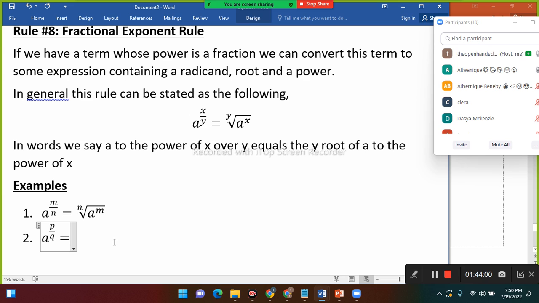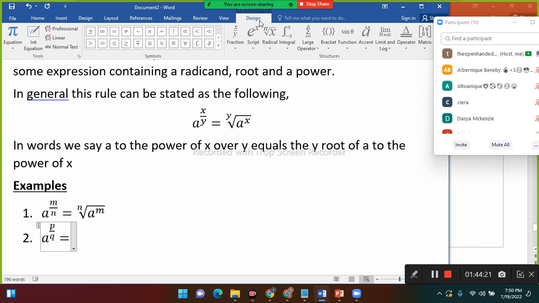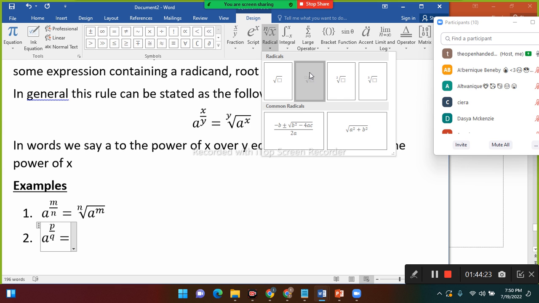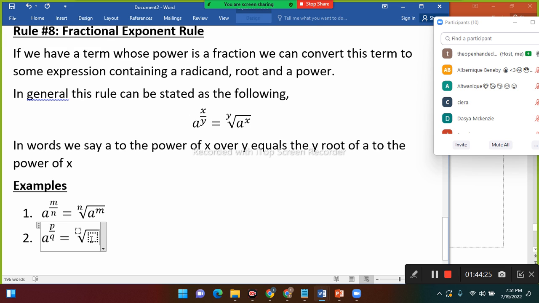So I put the line. Which line? The line right there. You mean this? Yes, sir. Okay, we call it the radical. So she said to put the radical there. What else do I need?